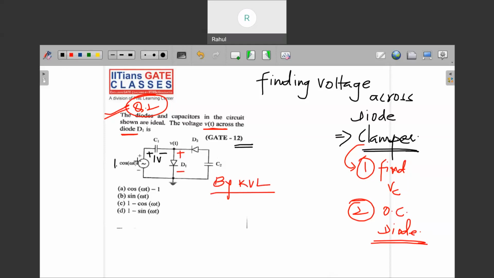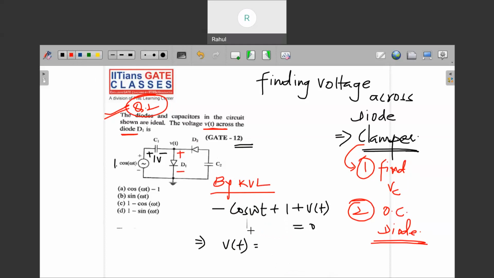So by KVL, we can write here minus cos omega t, plus 1, plus Vt equal to 0. So your Vt, which is the voltage across the diode, will be 1, and this will go that side, so it will be plus, and this is minus, right? So let me erase here.